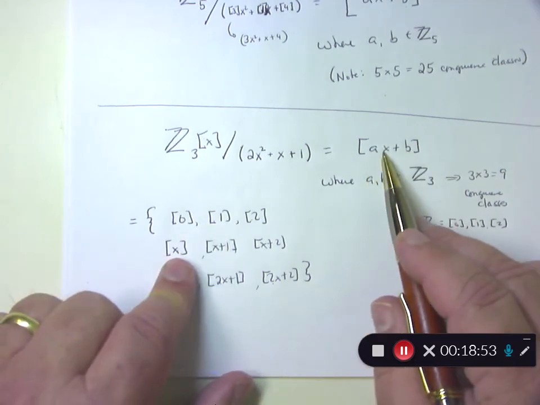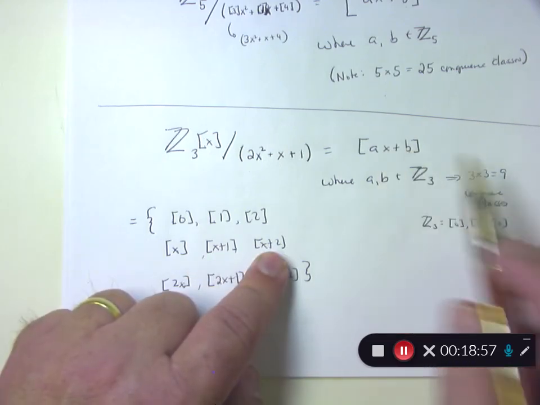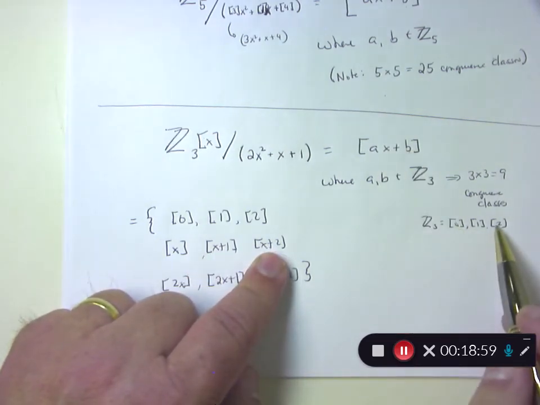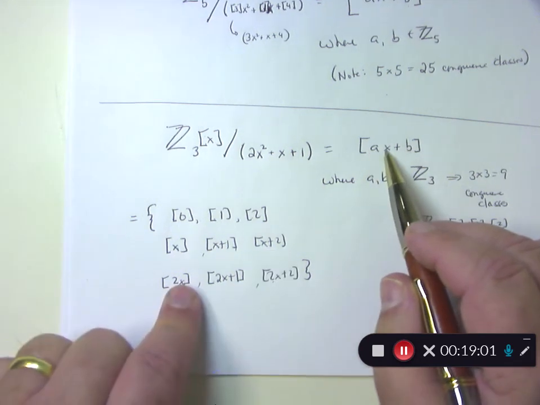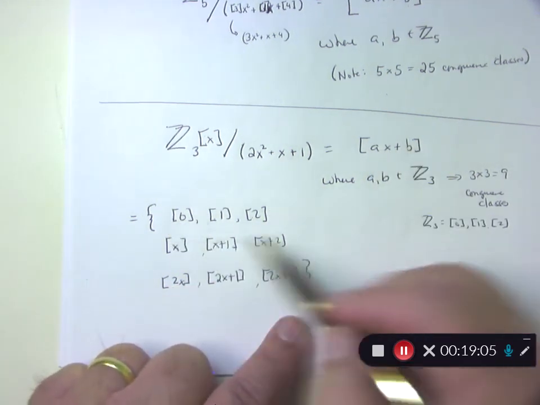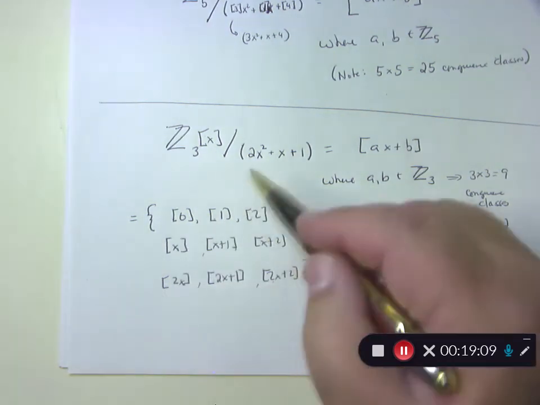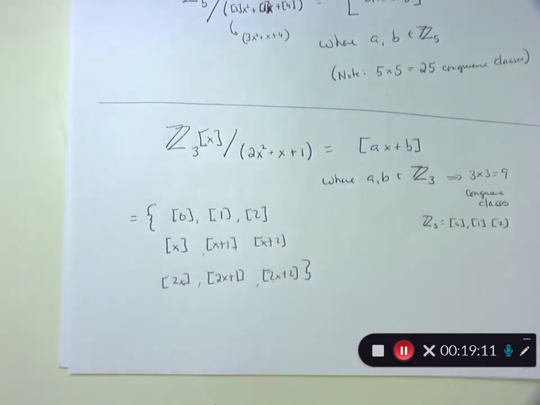So that'll be x, x plus 1, and x plus 2. And the last thing, a could be 2. So that'd be 2x, 2x plus 1, and 2x plus 2. And 3 by 3, I've got 9 equivalence classes. These are actually all the equivalence classes of Z3 adjoin x modded out by 2x squared plus x plus 1. So you can again write these down.